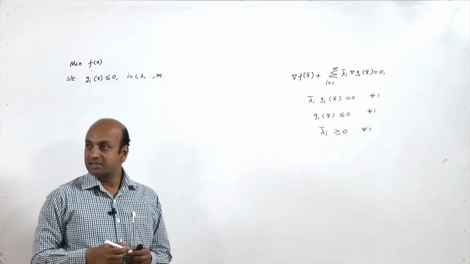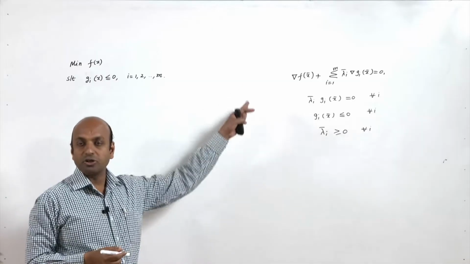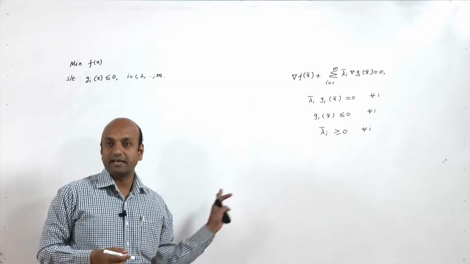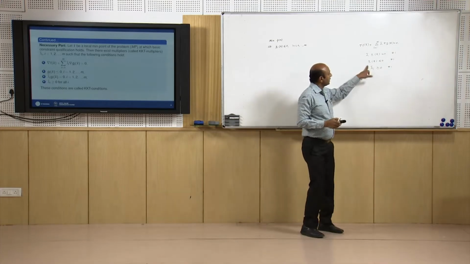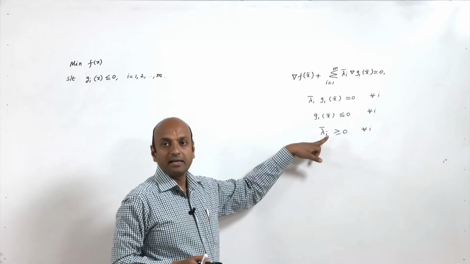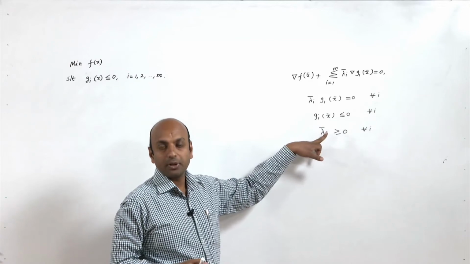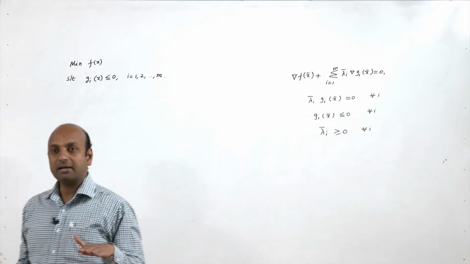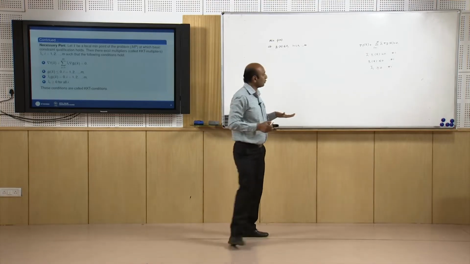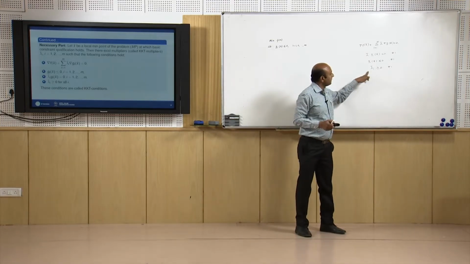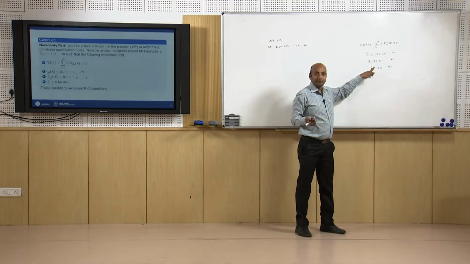So, these conditions are called Karush-Kuhn-Tucker conditions or KKT conditions. Here lambda_i bar are called KKT multipliers. In the Lagrange multiplier method we have equality constraints, that is why we do not require the Lagrange multipliers to be non-negative.